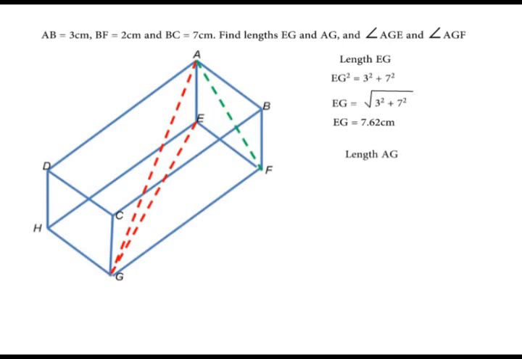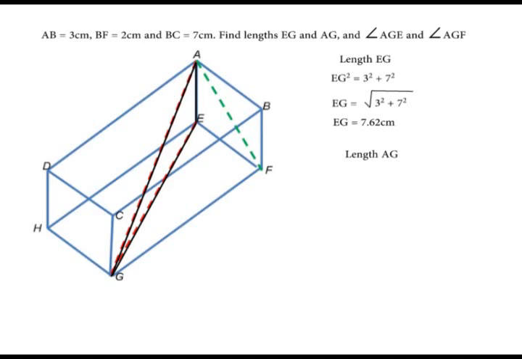Next is length AG. Now AG is a line in space. It doesn't lie on any of the 6 rectangular faces. But you can think of AG as forming part of a triangle AEG. Again, all the 4 planes on the sides are perpendicular to the bottom plane. It therefore means that the line AE is also perpendicular to the bottom plane.